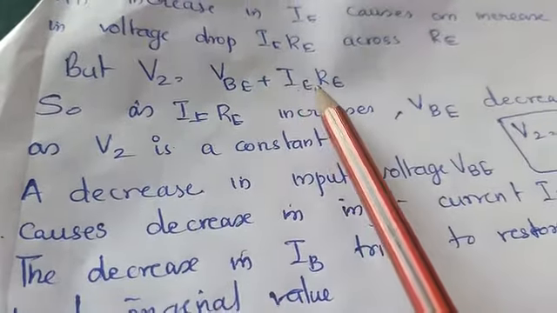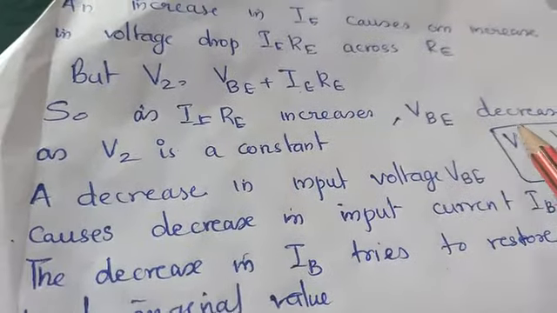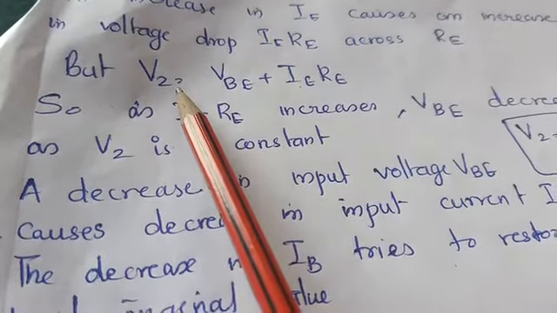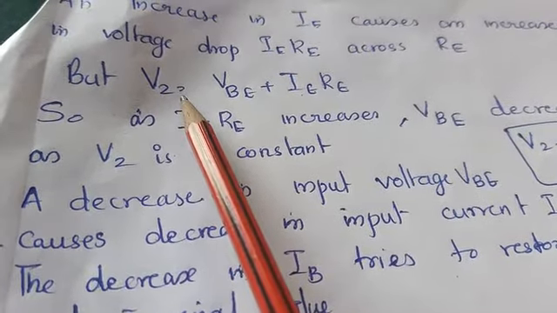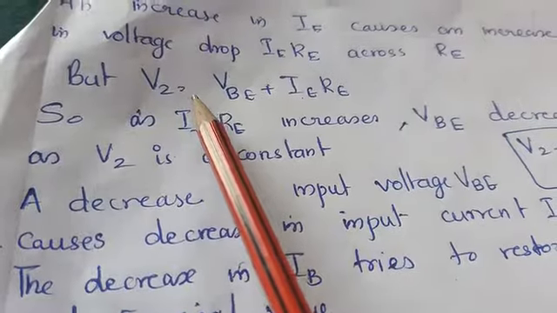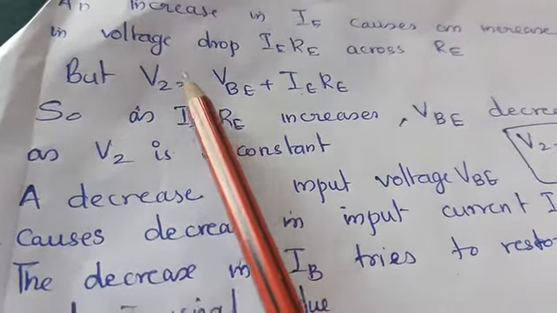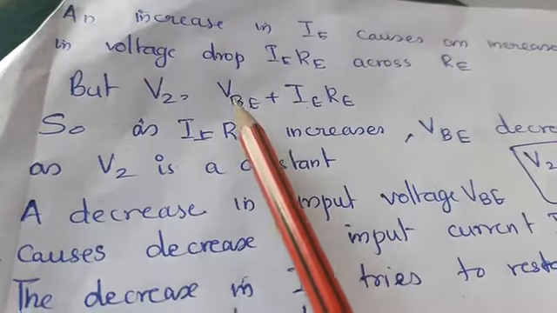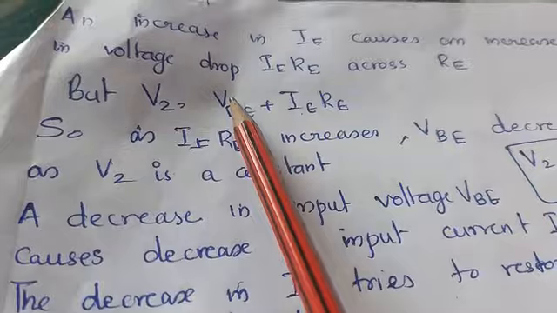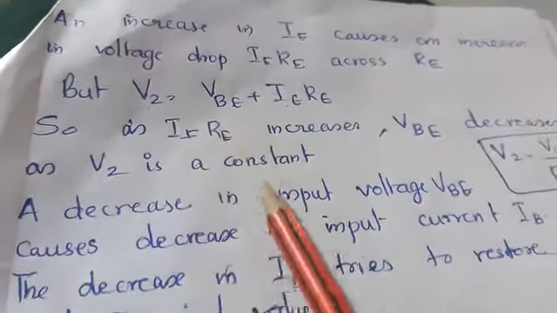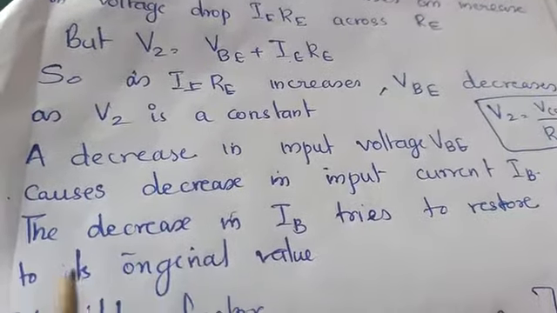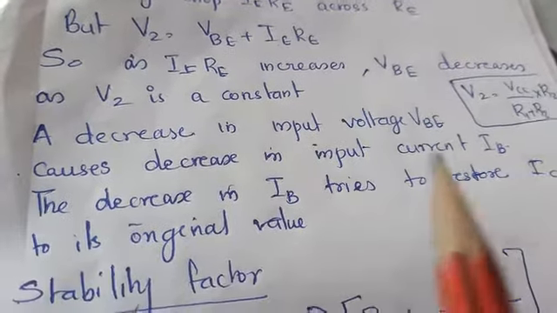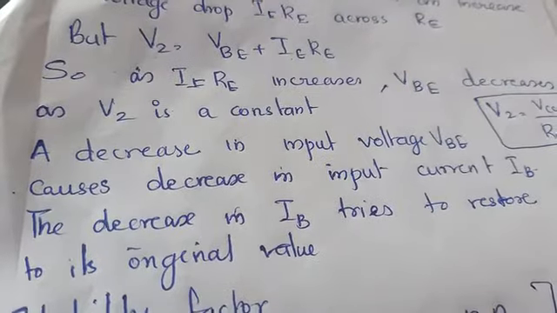As IERE increases, VBE decreases since V2 is a constant. As already said, V2 is equal to VCC into R2 by R1 plus R2, which depends only on R1, R2 and VCC. That means V2 is a constant. As IE increases, IERE increases, hence VBE must reduce to keep it constant. A decrease in input voltage VBE causes a decrease in input current IB. The decrease in IB tries to restore the collector current to its original value. Hence stability is attained.